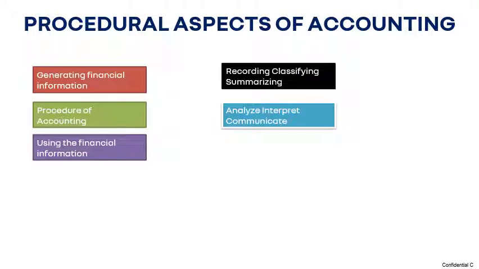How do we interpret, analyze the information, and how do we communicate? So the procedural aspects of accounting consist of generating financial information, how we account it, what the uses are, and how we record, classify, summarize, analyze, and interpret. All these points make up the procedural aspects of accounting.